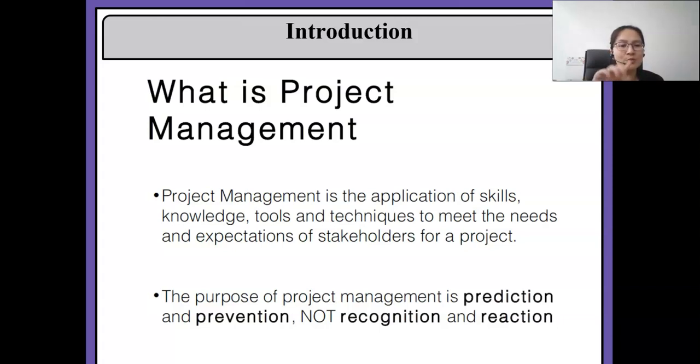So project management will help you to predict what will happen, prevent what will not happen. Okay? So project management is an application of skill, knowledge, and technique to meet the needs and expectations of your customer, and your industrial stakeholder of the project. That means whoever benefits from the project is your stakeholder.